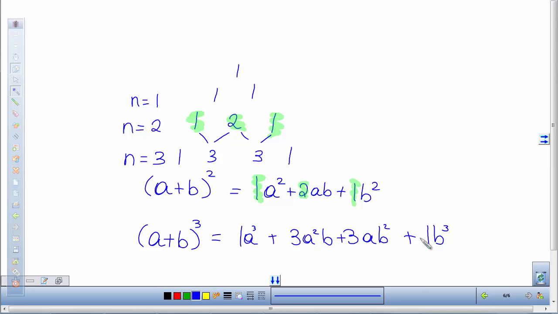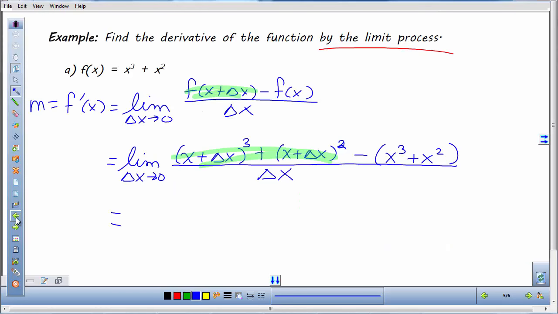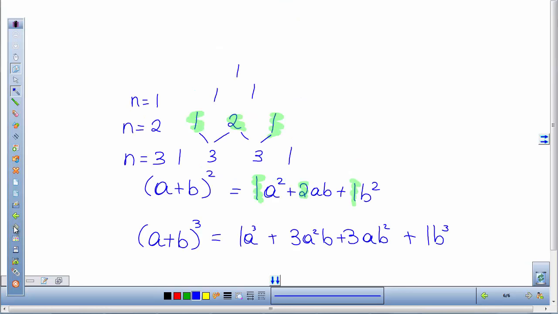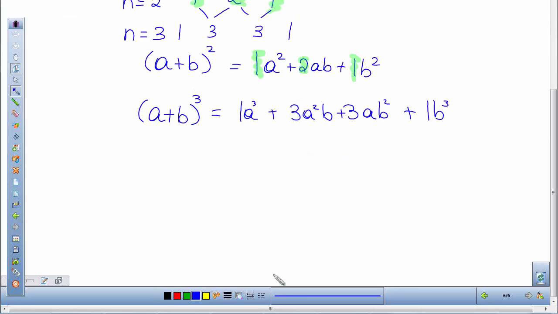Now, what's different about this versus the problem that we're working with right now is we don't have just a generic a and b. We've got x plus delta x cubed. So I can just fill it in. My a is x. My b is delta x.